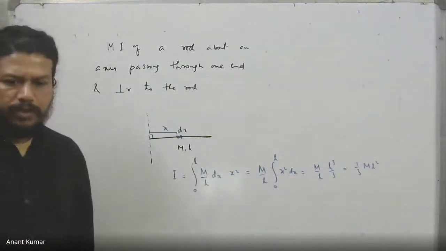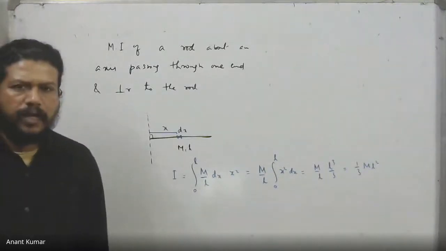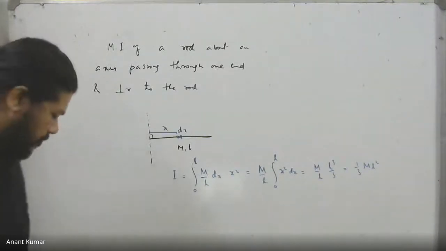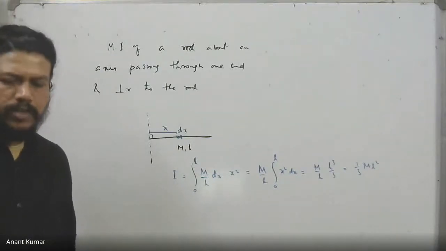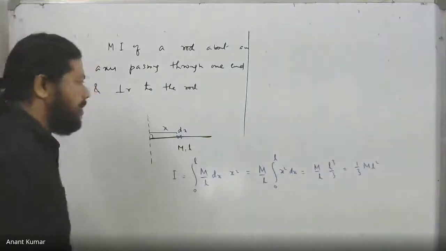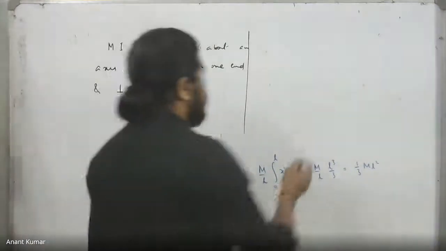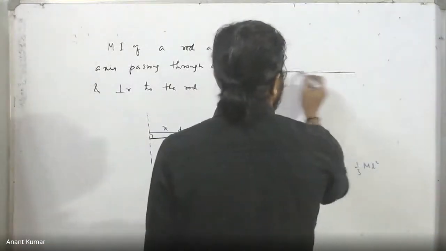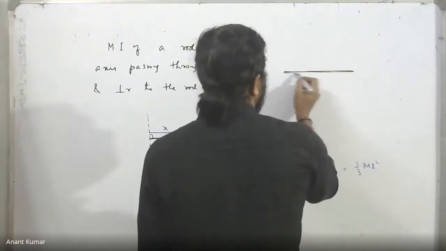Just 1/3 ml square. But what about if the axis was passing through the center of the rod? We can obtain the moment of inertia about a central axis either by direct evaluation of the integral, or alternately, we can utilize the additivity of the moment of inertia.